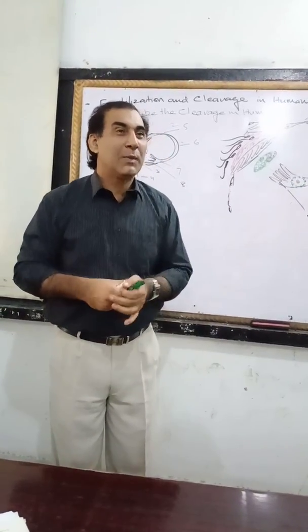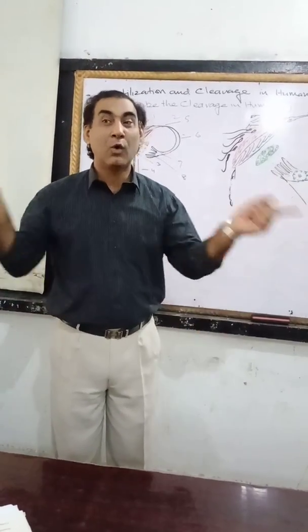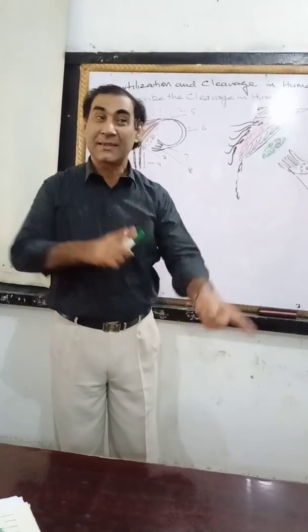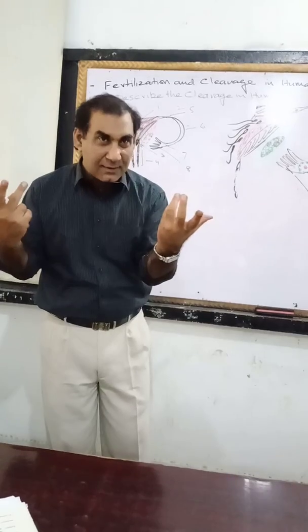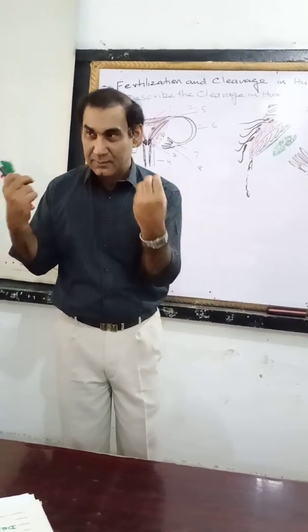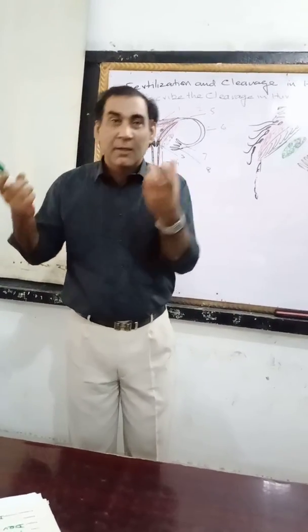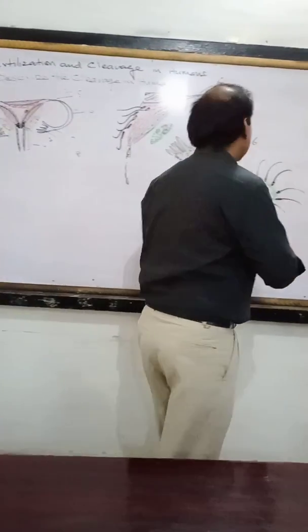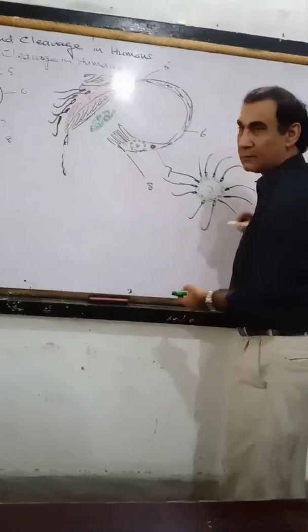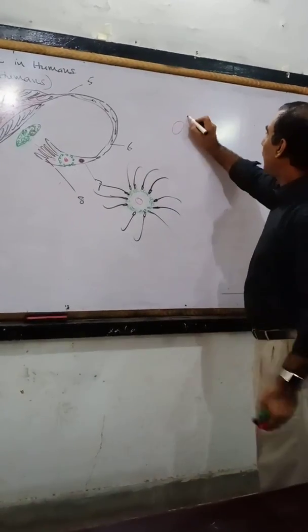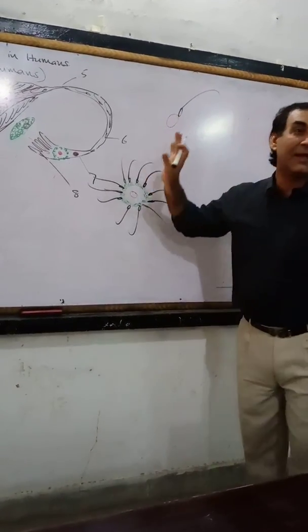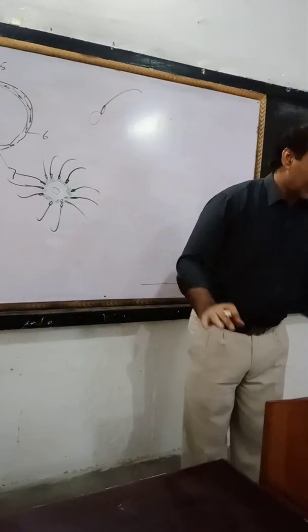I am telling you people that the fusion occurs between the ovum and sperm, not the secondary oocyte. So what is that point? The point is that the secondary oocyte and the sperm fuse together.